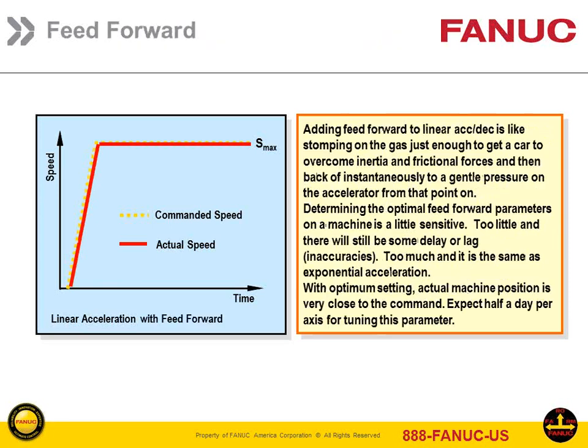And then with feed forward, it looks ahead. With this, we go in and set up parameters so that your commanded speed and your actual speed are the same. And that's very important.